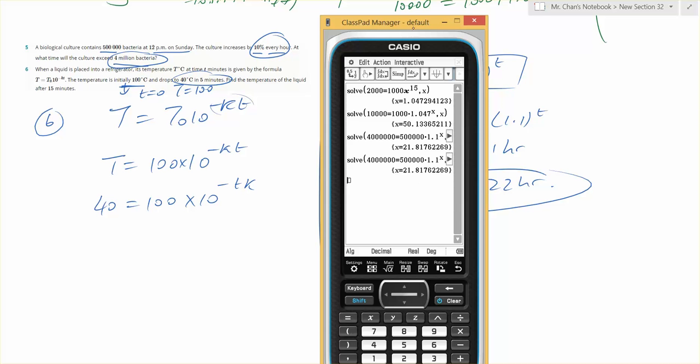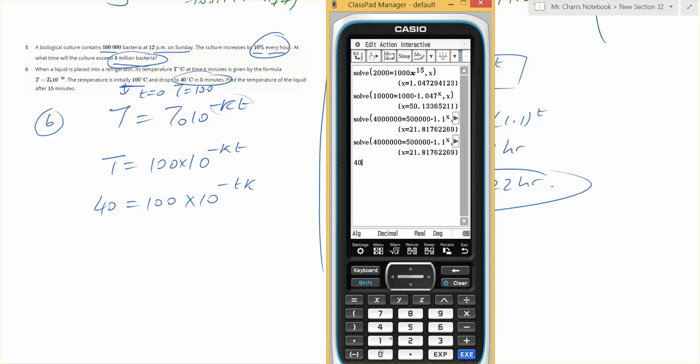So I go 40 equals 100 times 10 to the power negative kt. Remember to put brackets in, because we can easily run into problems if we don't put the brackets in.